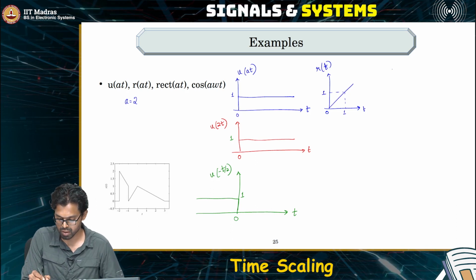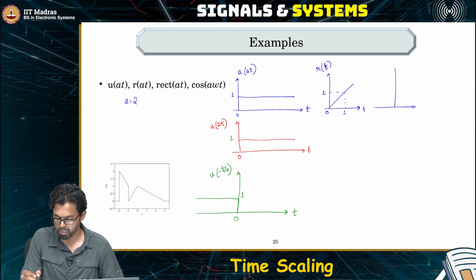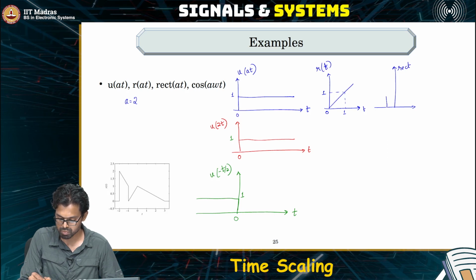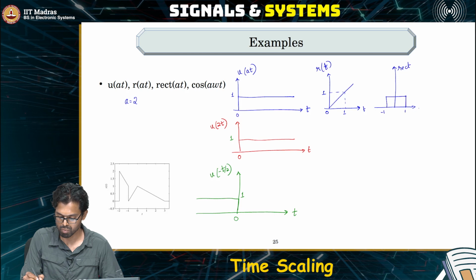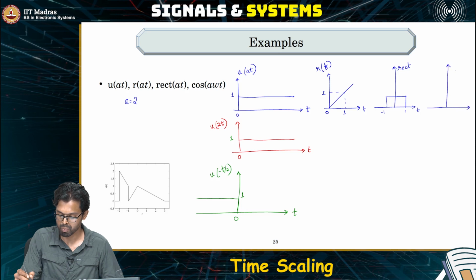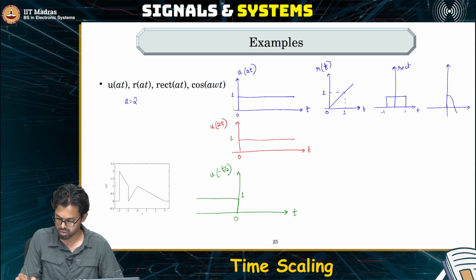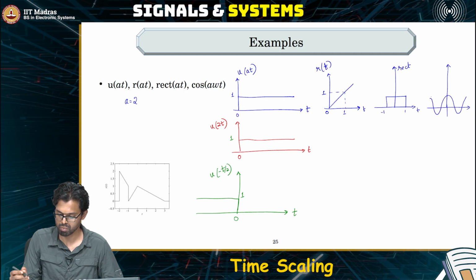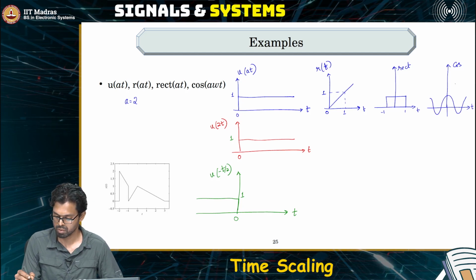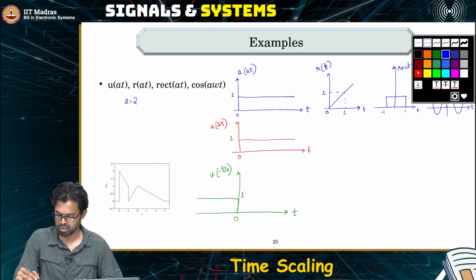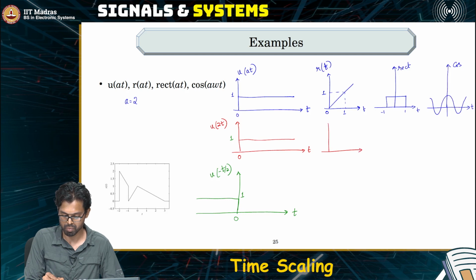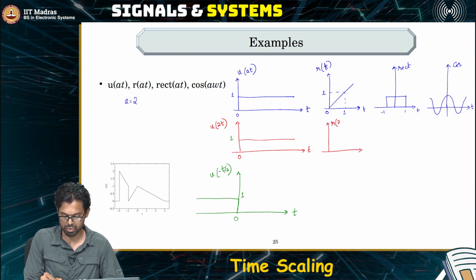This is the ramp signal, this is the rect, and the last one is cos. Now let us see what happens when we try to compute the ramp of 2t.